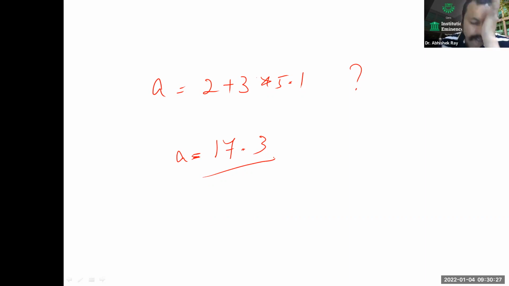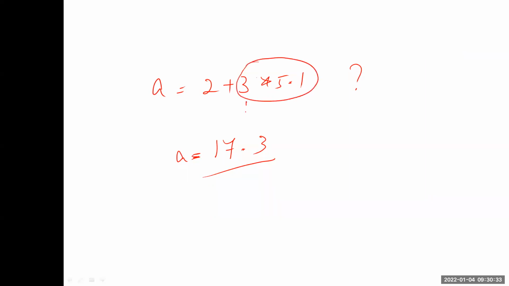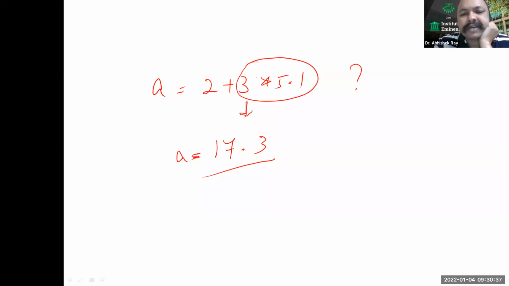Now, how exactly have you evaluated this? I'm talking about you, not the compiler. The moment you multiply this one, it has a decimal value. This is an integer element without a decimal, and this is an element with a decimal, right? The moment you operate on this, the result is going to be a decimal.